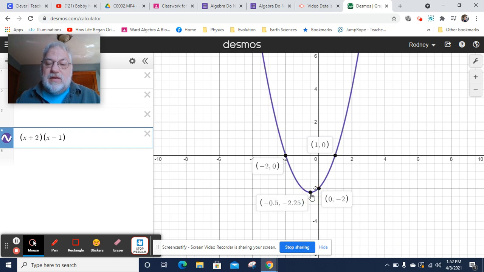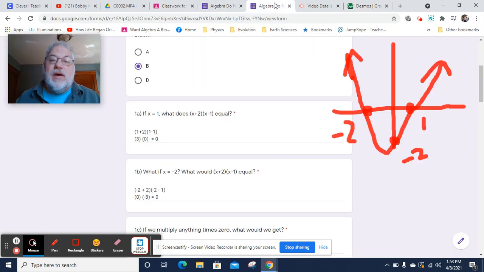It does have a vertex down here, of course, which I'll teach you how to figure out later. But this is the really important thing. These are the zeros of the factors here, and those zeros give us the zeros or the x-intercepts of the parabola.